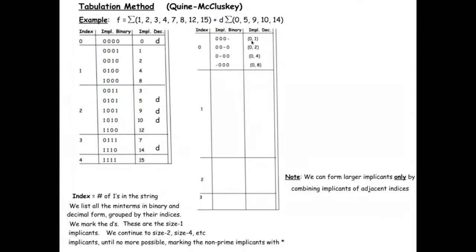This particular implicant will imply 0 and 1, this one 0 and 2, 0 and 4, 0 and 8. And in the binary representation of the implicant, we will leave all of the digits that were the same, and the 1 digit that was different, we're going to cross it out.